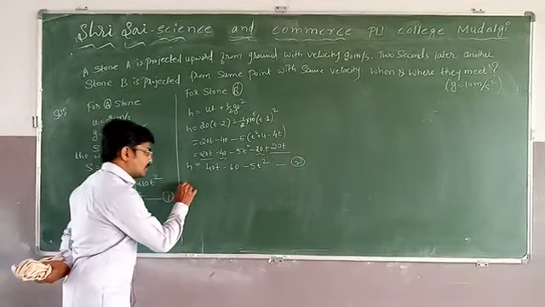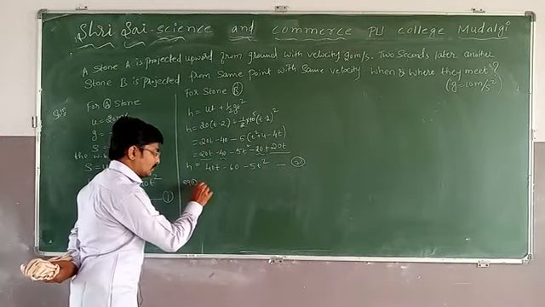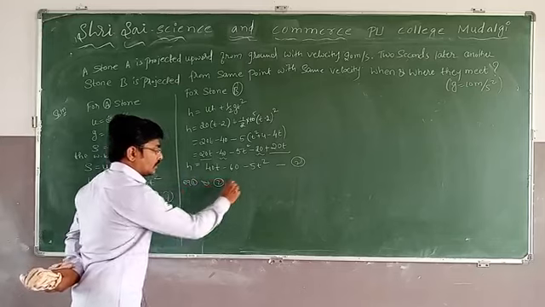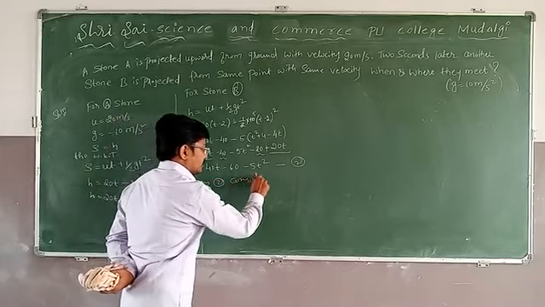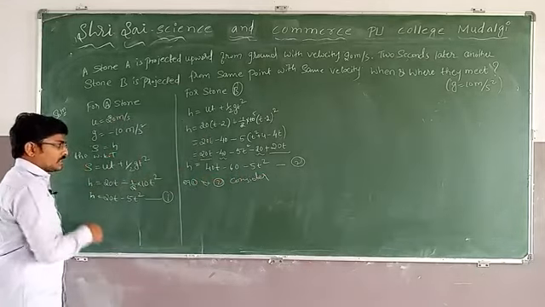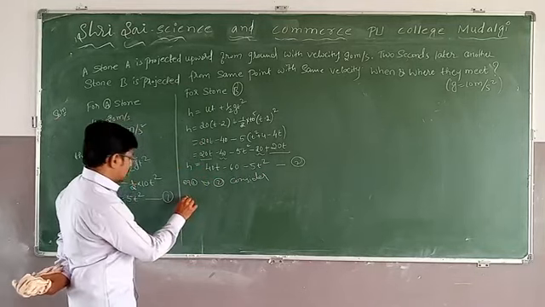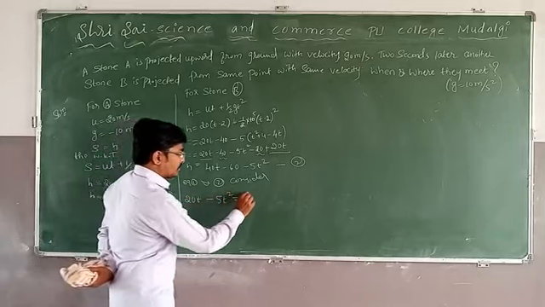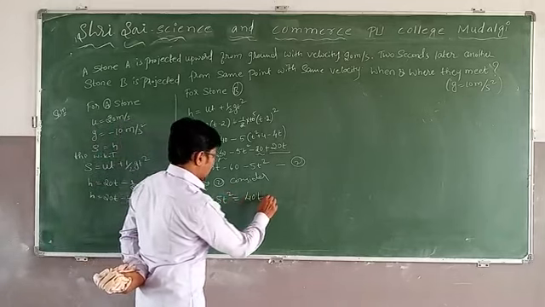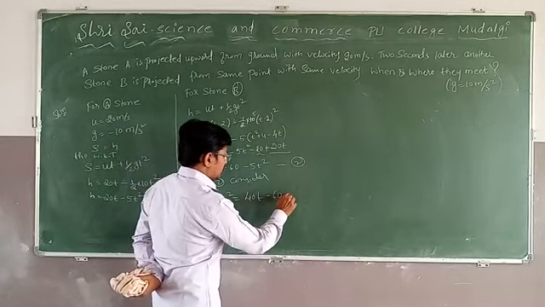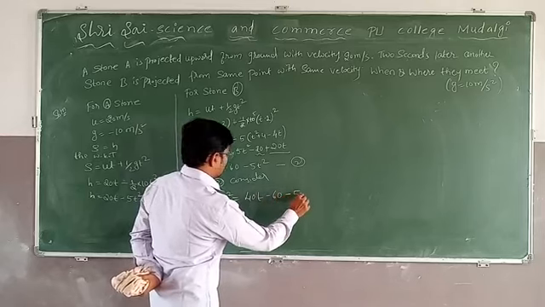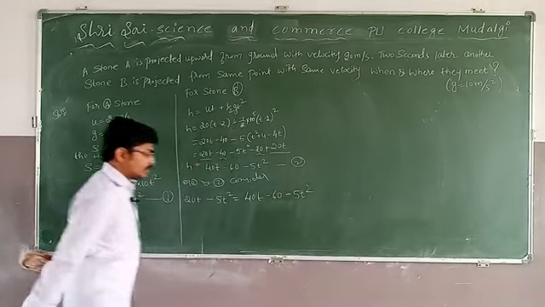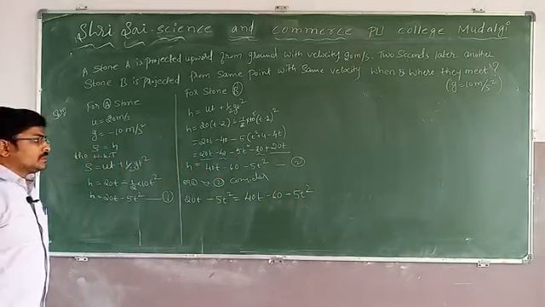Now consider equation 1 and 2. The left hand sides are both equal, therefore make them equal. 20t minus 5t square is equal to 40t minus 60 minus 5t square. See, is it possible to simplify?